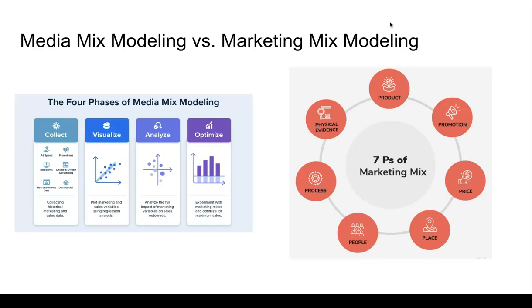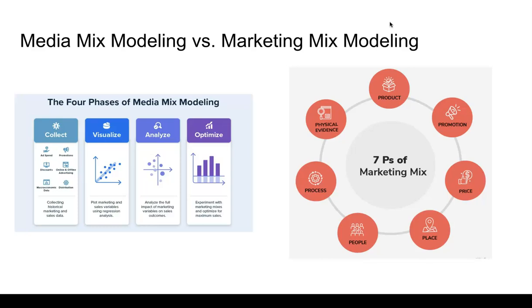So what's the difference between media mix modeling versus marketing mix modeling? Well, these terms are often mixed up, and it makes sense because we have media mix modeling, which focuses more on the actual ad channel. And then we have marketing mix modeling that includes everything from pricing to product to distribution.